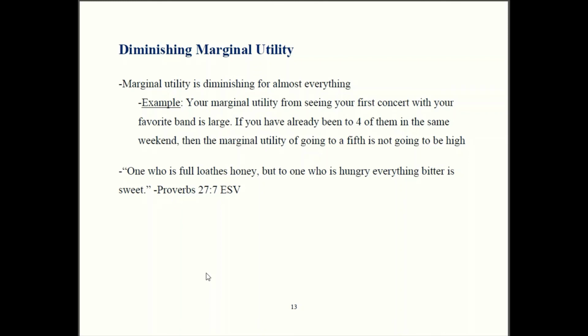It's like the person who had 10 brownies already and is thinking about brownie number 11: not terribly appealing anymore, and way less appealing than the first brownie. Now, if you're very, very hungry, even something that doesn't sound that tasty could sound very appealing to someone who's famished. It shows the principle that the more food you've already had, the lower the marginal utility of having even more food.